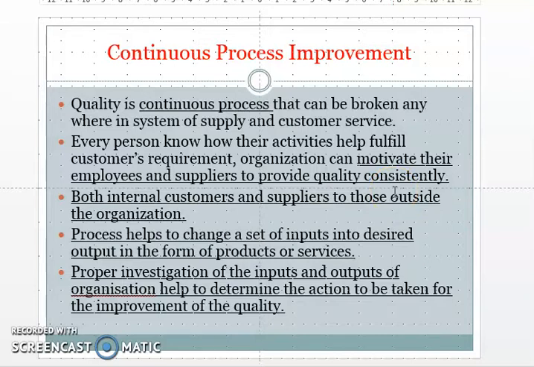It is the organization's way of life that there should be continuous process improvement. Both internal customers and the suppliers outside the organization, all have to think about the continuous improvement process.